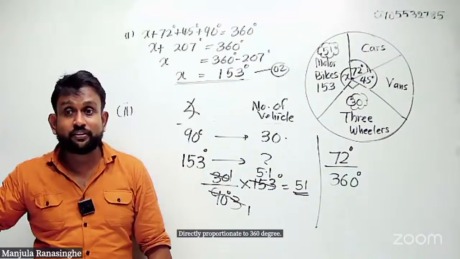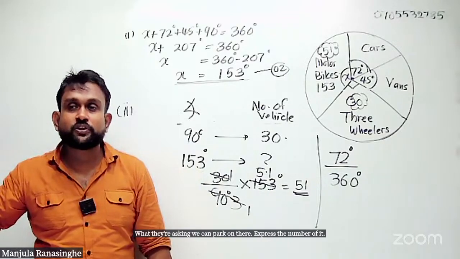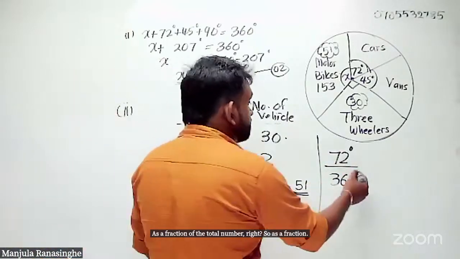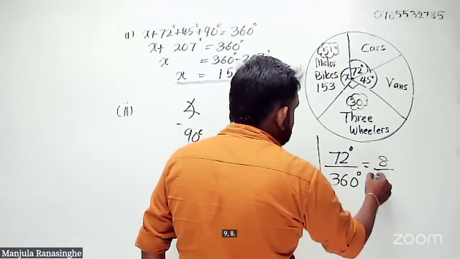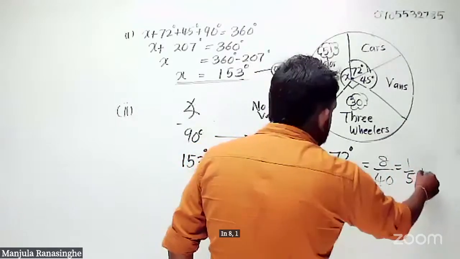So as a fraction, this is the fraction 72 over 360. You can simplify it: 72 over 360 becomes 8 over 40, then 1 over 5. So that is 1/5.